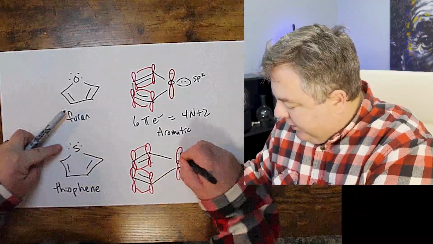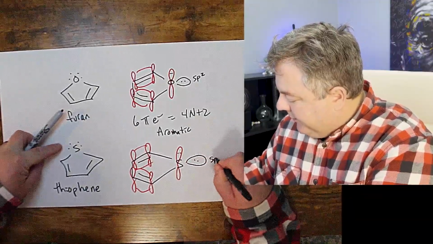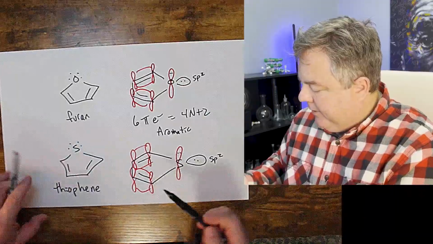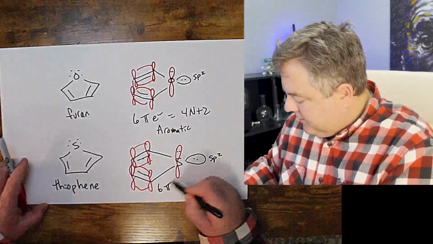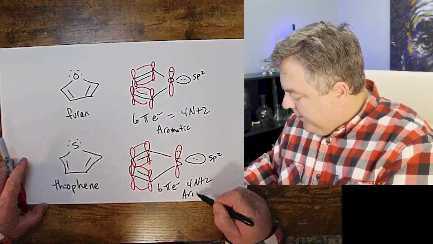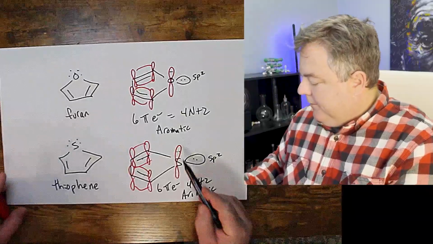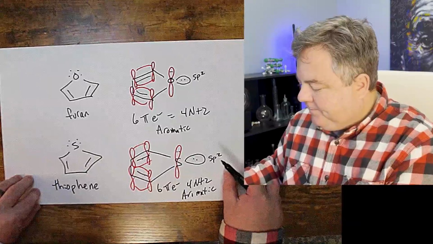And so 2 electrons will be in that p orbital, and the other 2 will be in this sp2 hybrid orbital sticking out sideways. So we have 2, 4, 6 pi electrons. That's 4n plus 2, and this is an aromatic ring. So only 2 of those 4 sulfur electrons are in the pi system.